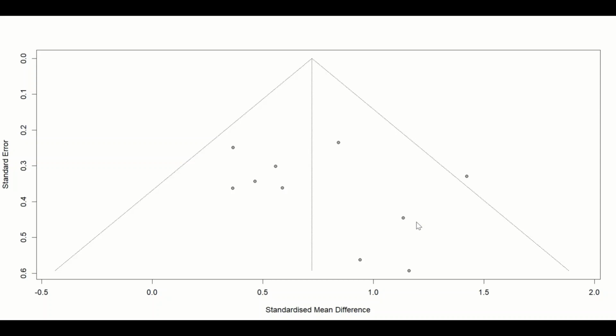So from this funnel, it is possible to determine whether there is a publication bias. The finding can be validated by performing another statistical test, which is the Egger's regression test, that will assess the publication bias.